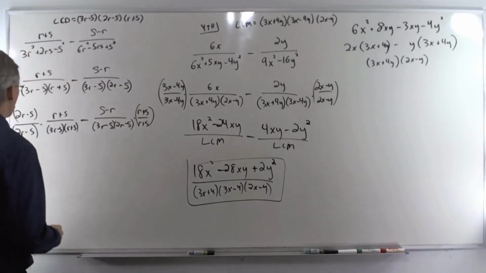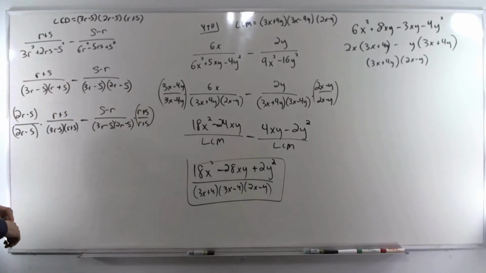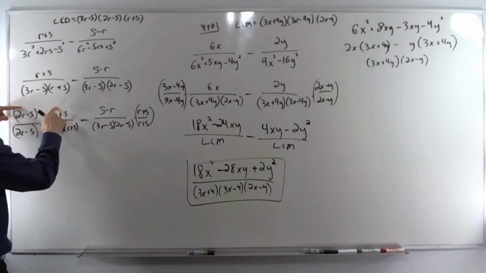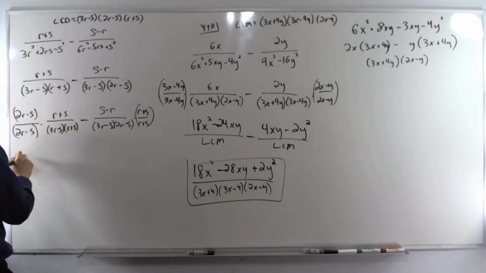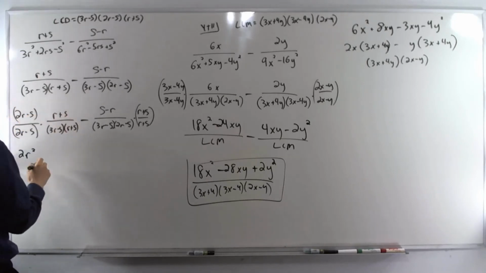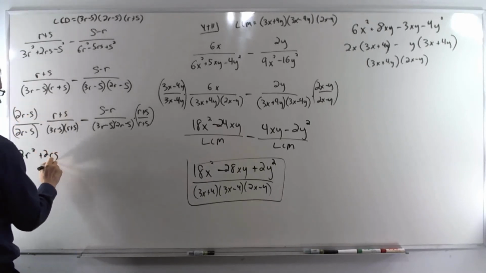All right, now we got some foiling to do here. 2r minus s times r plus s. So first, 2r times r is 2r squared. We got 2r times s, that is 2rs.